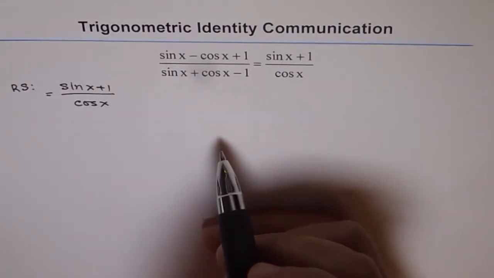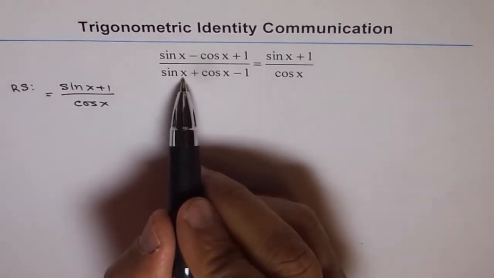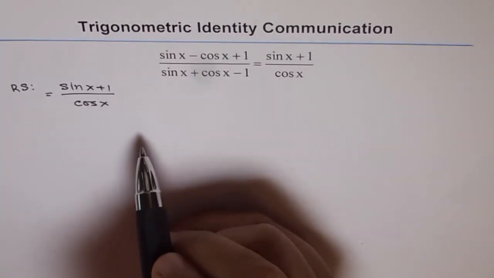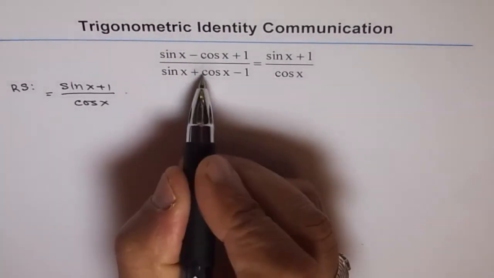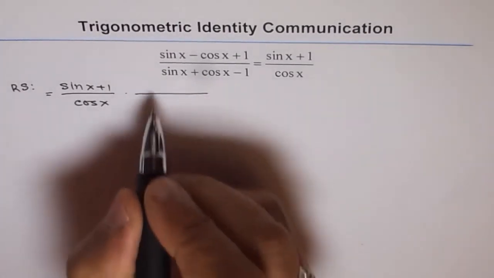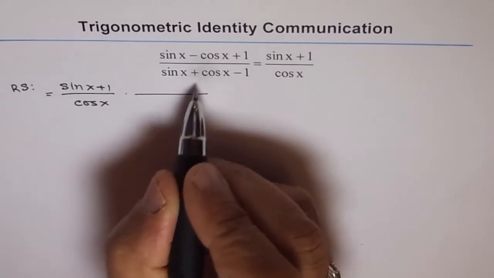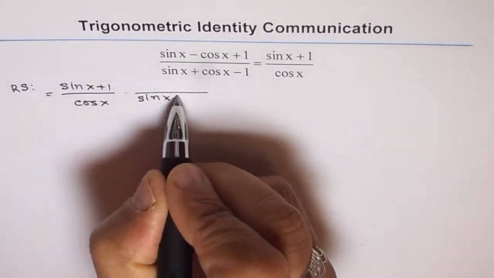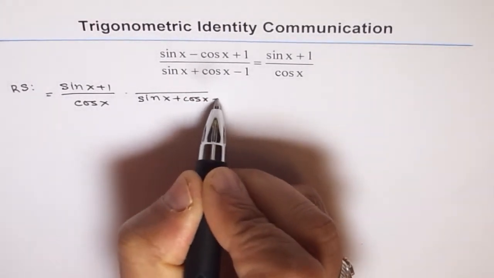To do so, we want to get this thing in the denominator. So I'll multiply both numerator and denominator by this term, which is sin x plus cos x minus 1.